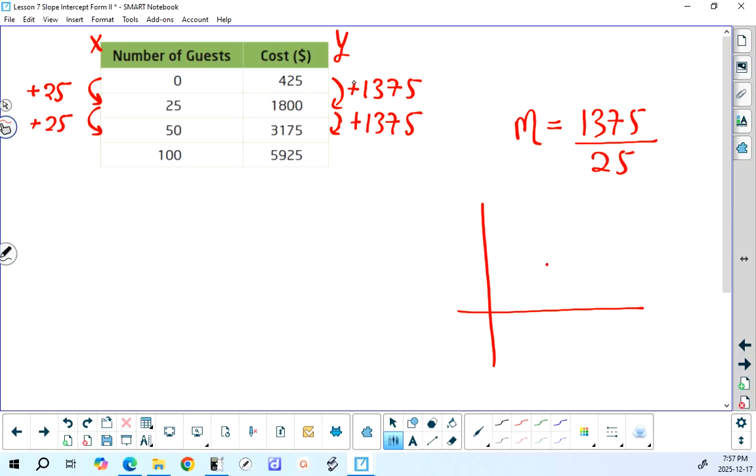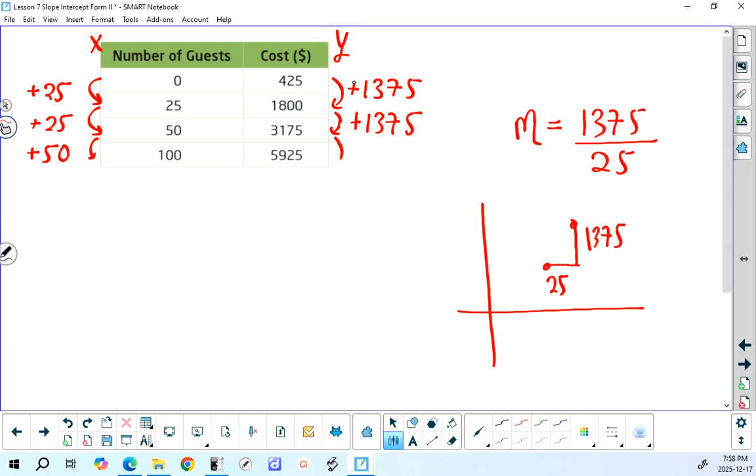It's telling you that on a graph, if we take a particular point here and we increase 25 people, it's going to go up 1,375. And we'll calculate that slope in a second. Now, what about from here to here? Well, from here to here, it goes up 50.